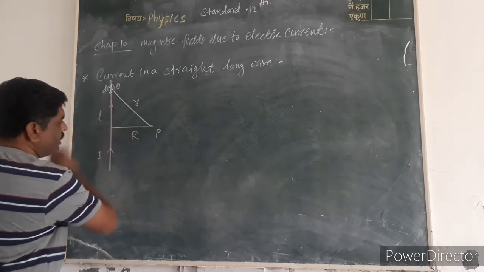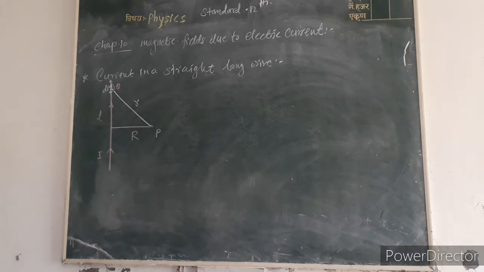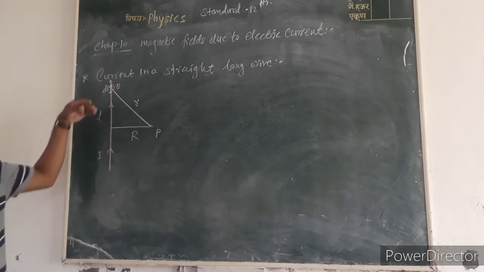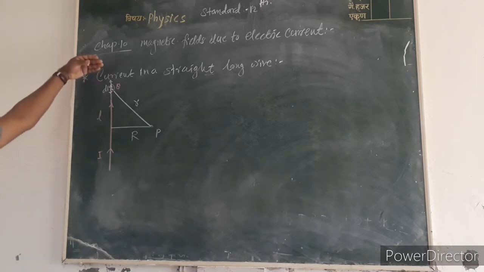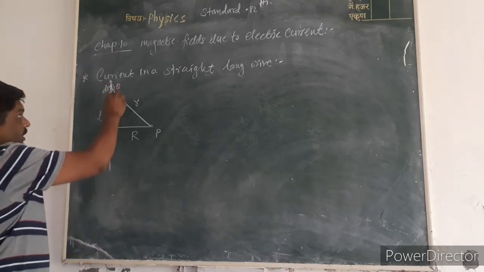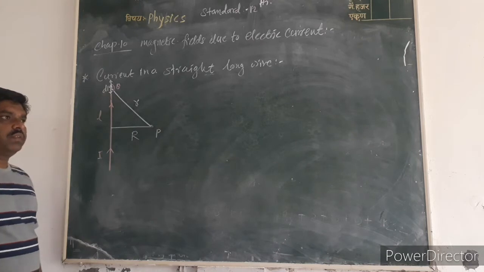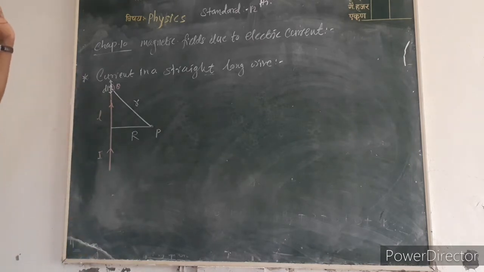Due to this perpendicular distance, the wire is cut into two half parts, upper part and lower part. Then we calculate the magnetic induction at the upper part and lower part.